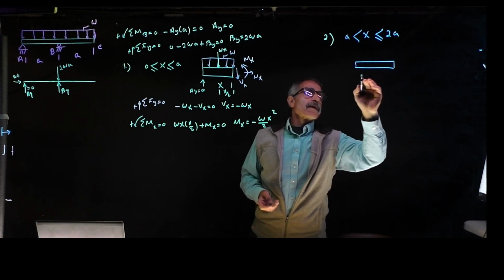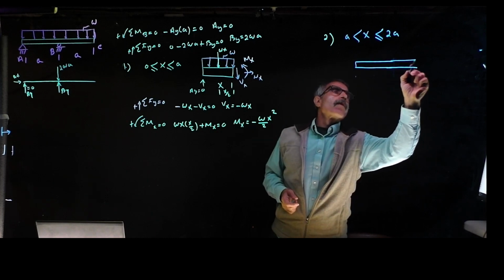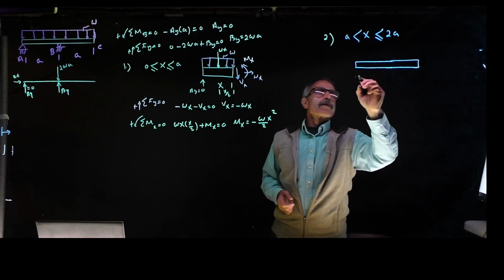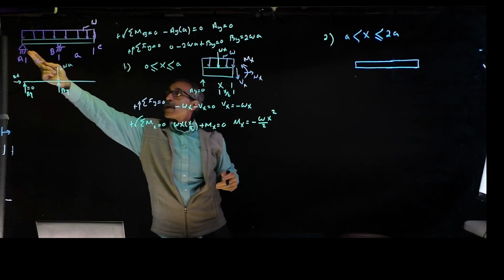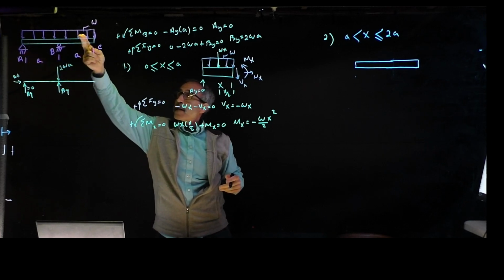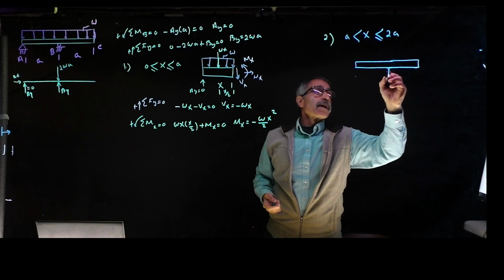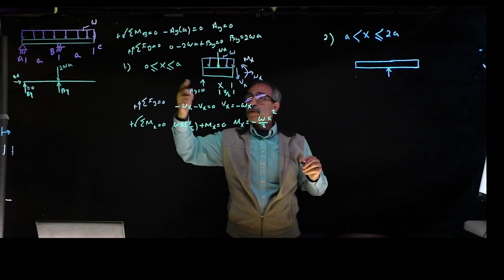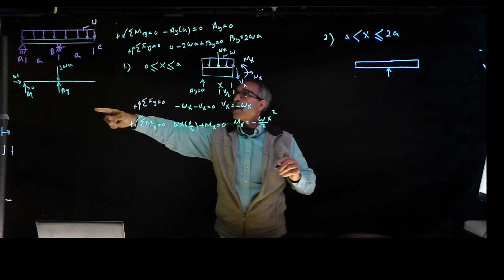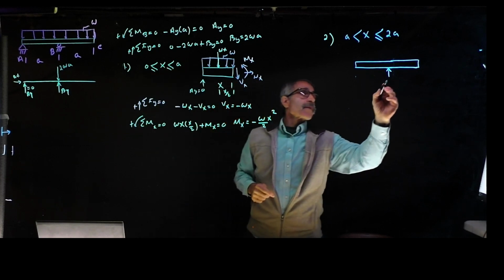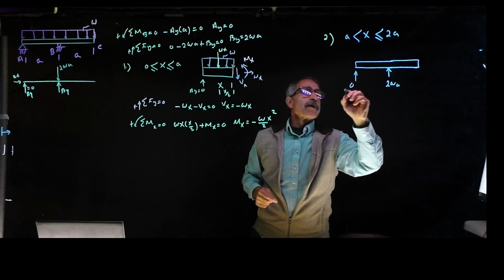We're going to cut it right there and call this distance x, somewhere between here and there. Up right in the middle here, I'm going to have the reaction we found, BY, which came out to 2WA. AY came out to be 0.